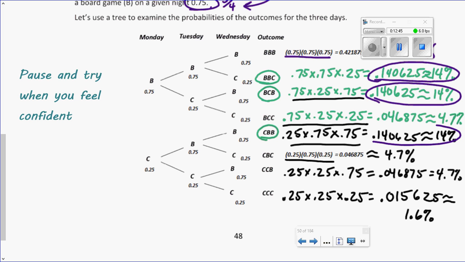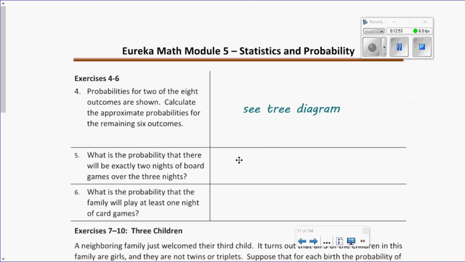Now, the other thing that you should notice is these all have the same number. Did you notice that? That was one that was repeated 3 times. So it's a 0.140625 chance 3 times. So we can actually write it like that. It's 0.140625, and there's 3 options like that.